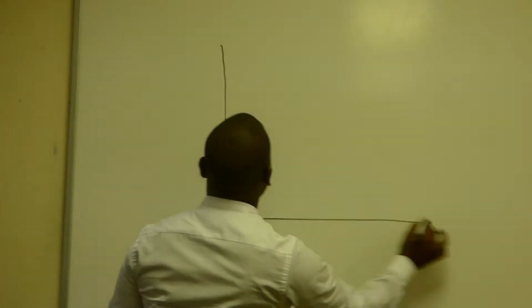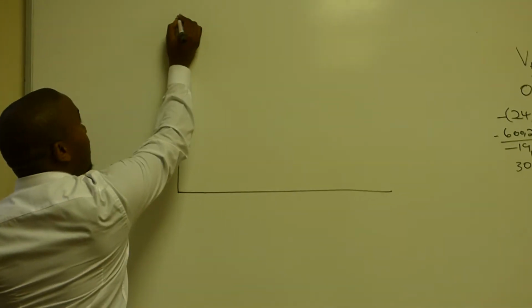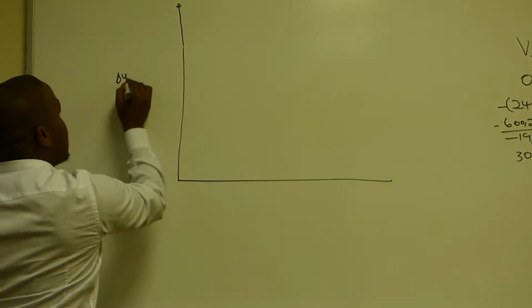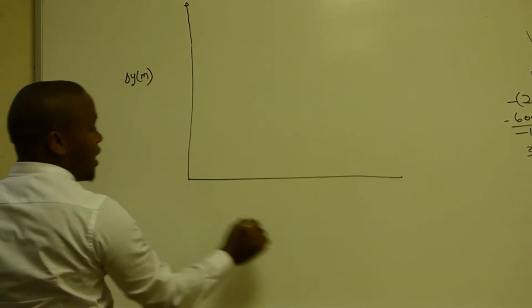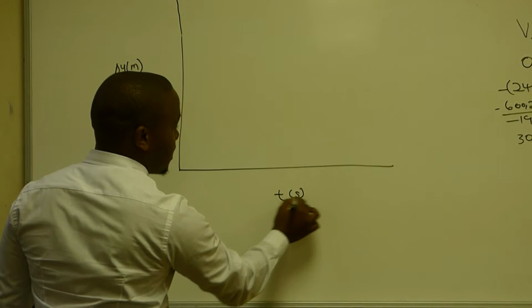Now let's draw our graph. So we're going to have something like that. I'll have my delta y in terms of meters, and my delta t in terms of seconds.